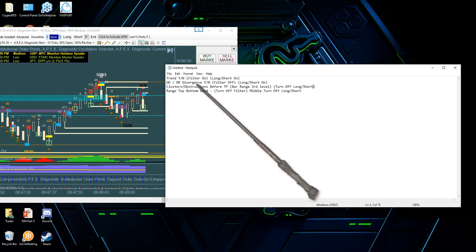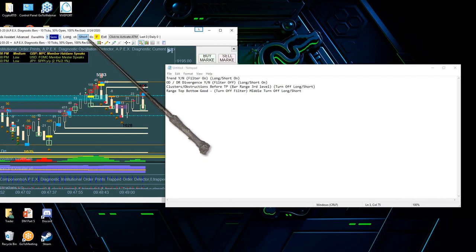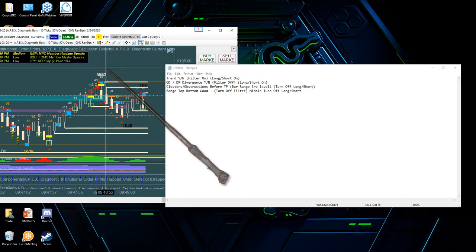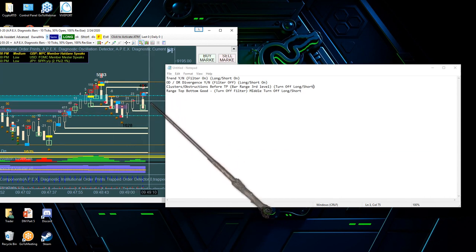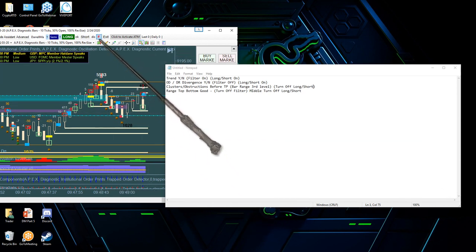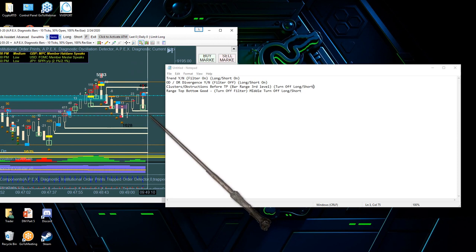So yeah, the filter, you can turn it on. Like you could say, hey, I'm willing to take a long right now because I got a long DR and it'll only take long DR trades. Or where the DR is green on that bar and the bar before that. Or I can turn it off anytime I want to.